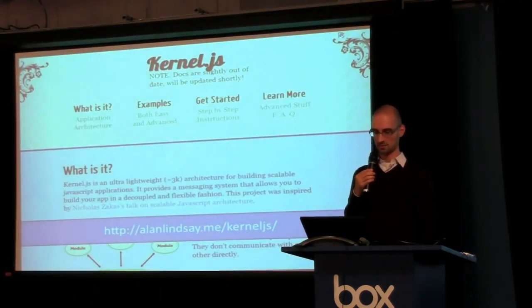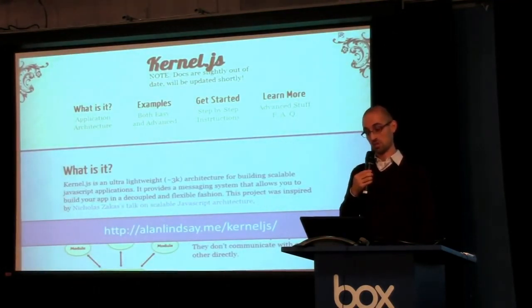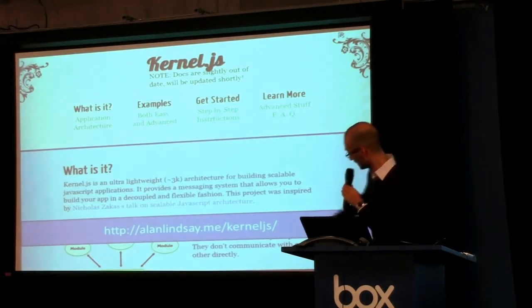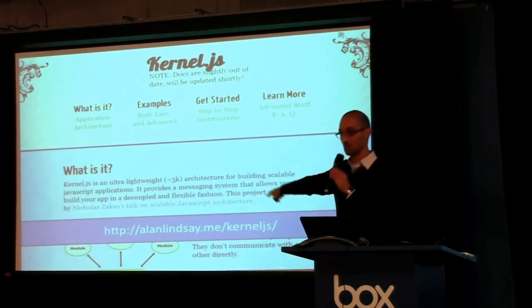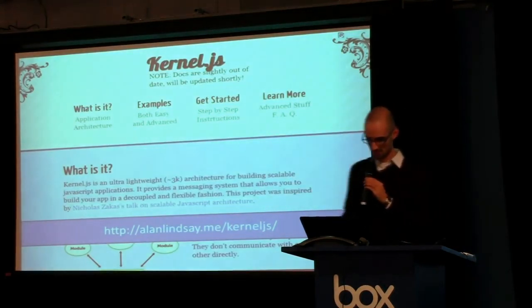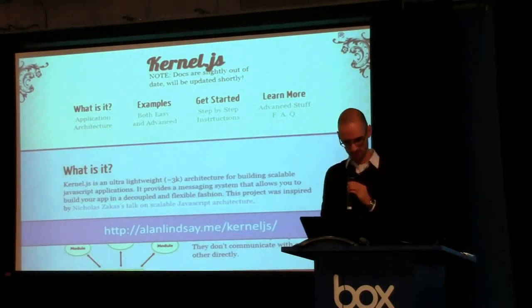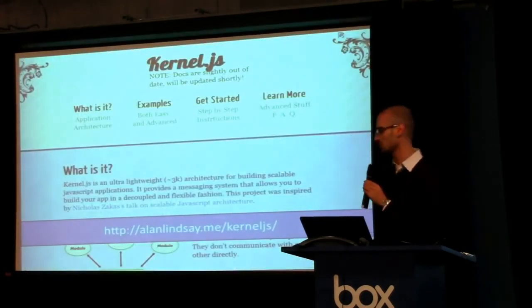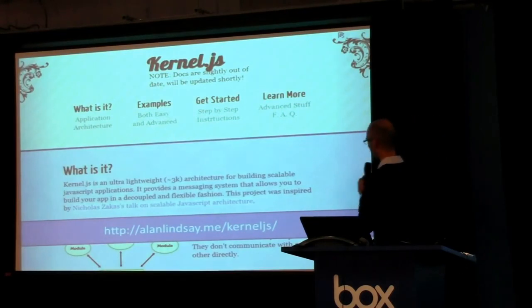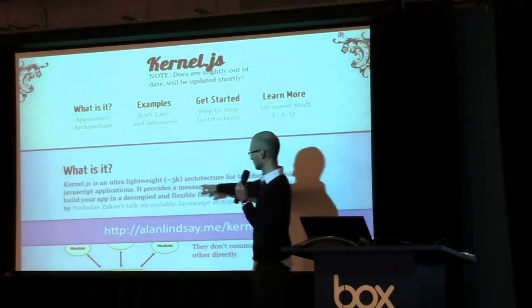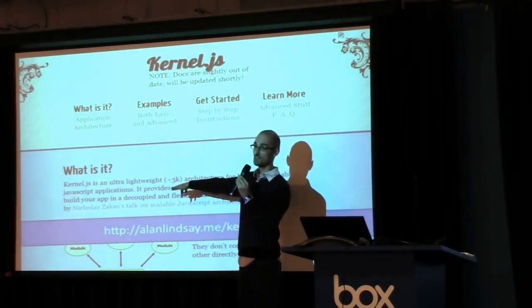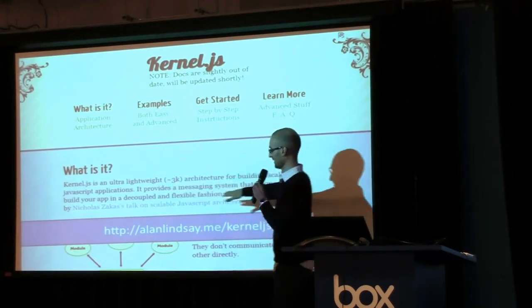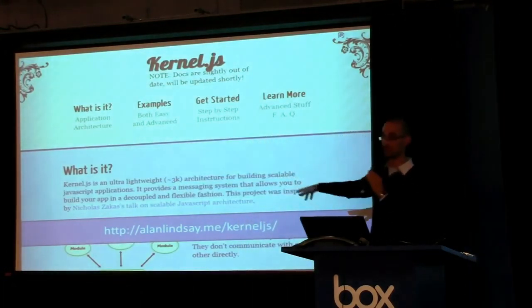There's Kernel.js, which is just another one. If you look closely, you can see they kind of copied my diagram at the bottom there. So you know it's good. Actually, what I like about this, I always forget to point out, is that this is 3K. Right? It's very small. And that's how I know that it was done right.